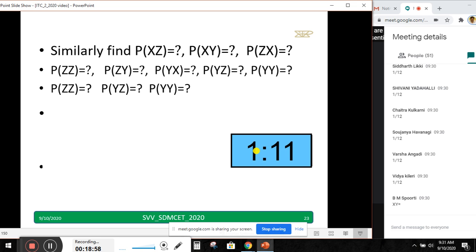XY equal to, Spurti, you should type. Okay, she may be typing XY equal to 1 by 12. Okay. Let me check, 1 by 12, correct. And ZX, ZZ, ZY, YX, I want you to do it.